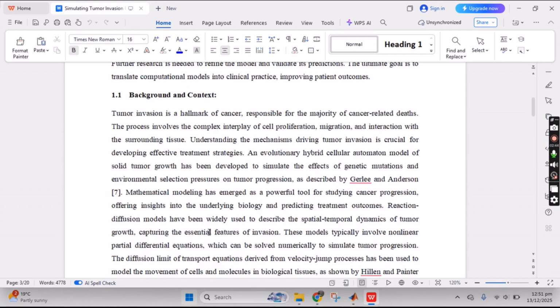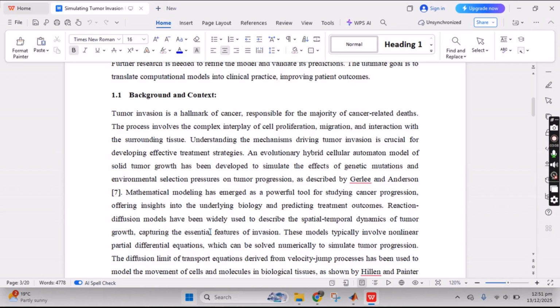So here's the background and context. An evolutionary hybrid cellular automaton model of solid tumor growth has been developed to simulate the effects of genetic mutations and environmental selection pressures on tumor progression.